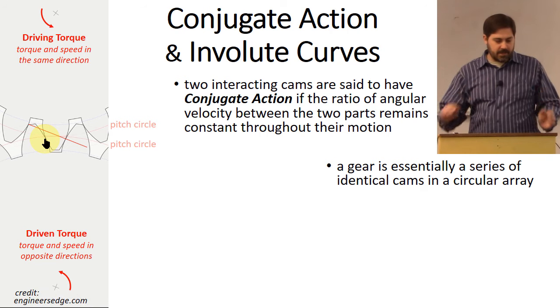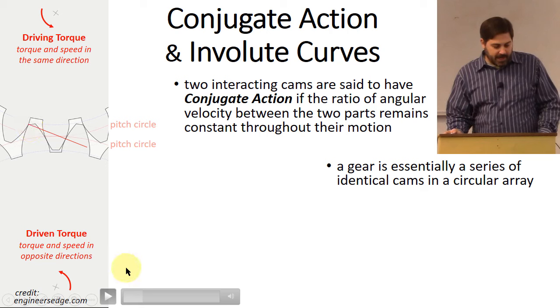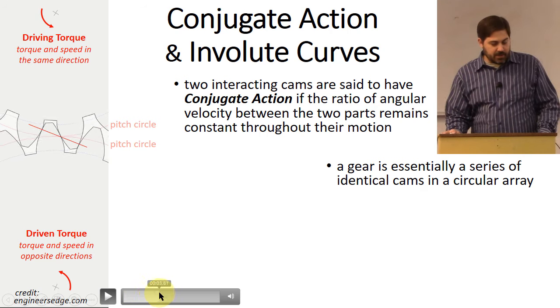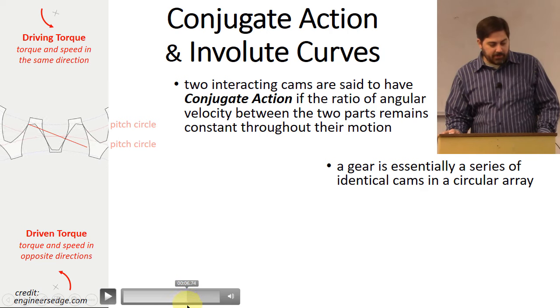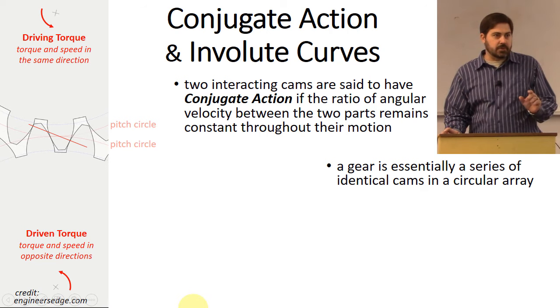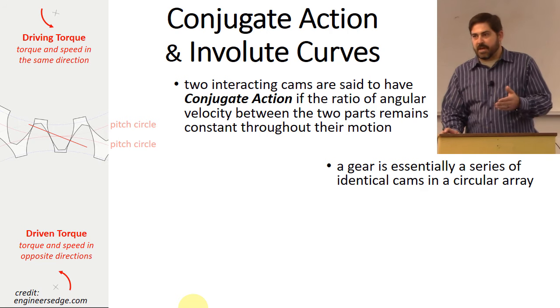We look at where contact first gets made between these two gears, and then as we track how that contact moves through the gear's motion, you will notice there's a constant ratio of angular positioning between the two gears. That is essentially conjugate action.